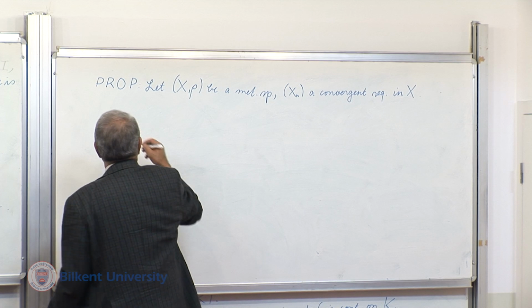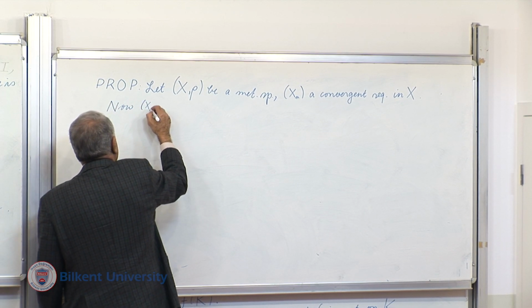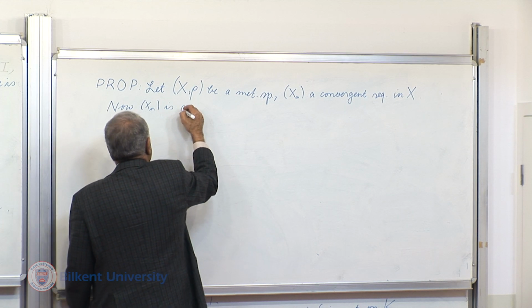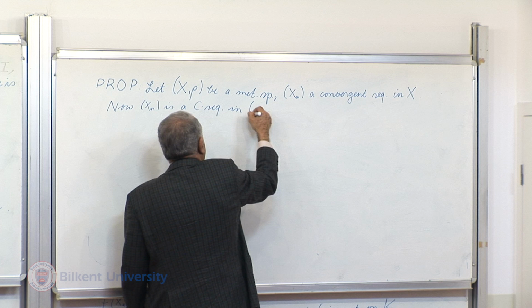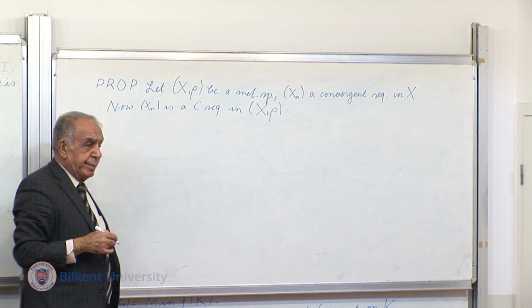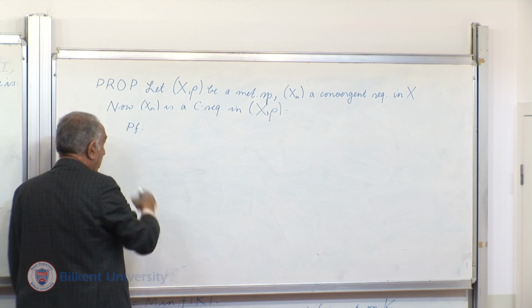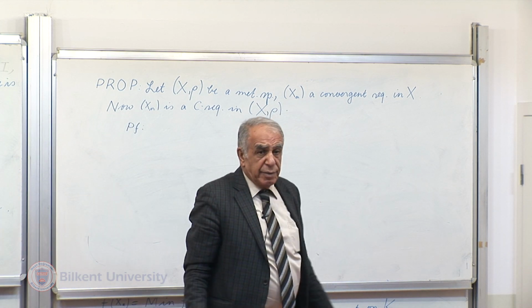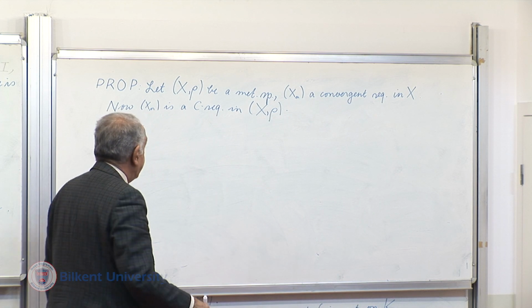Now, x_n is a Cauchy sequence in X, rho. Proof? Well, since this is a convergent sequence in X, it converges to some limit.